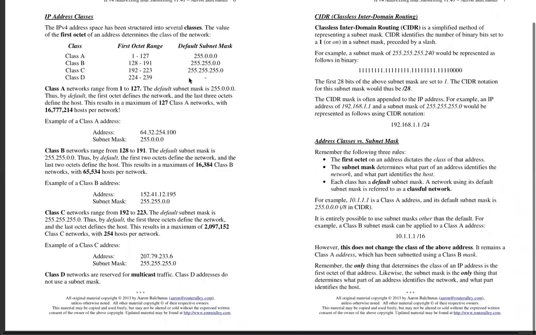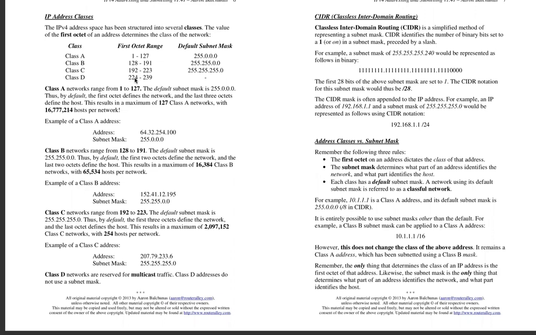Now, look at where my mouse is going. You can see class A, class B, class C, and class D. So this is the range from 1 to 127.